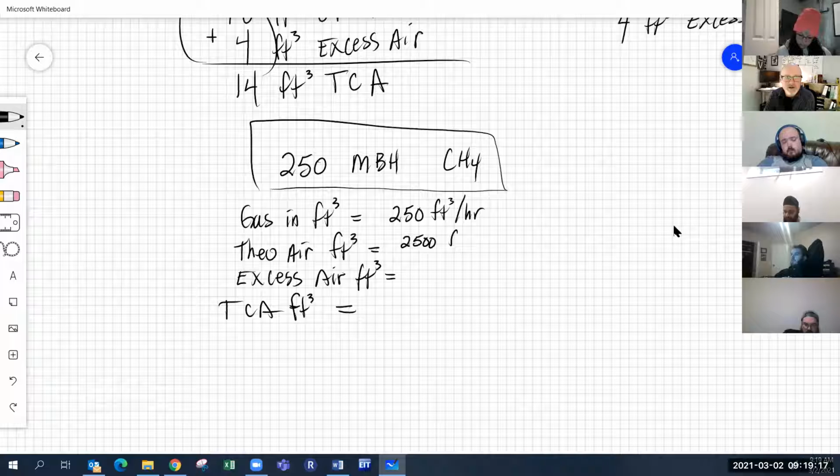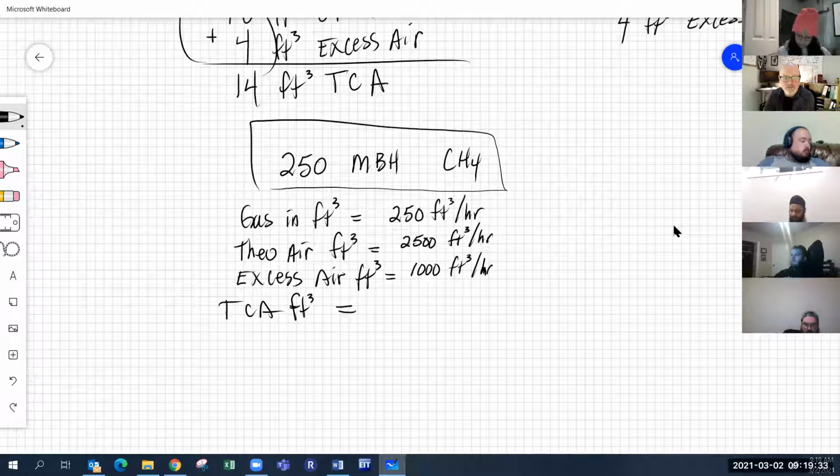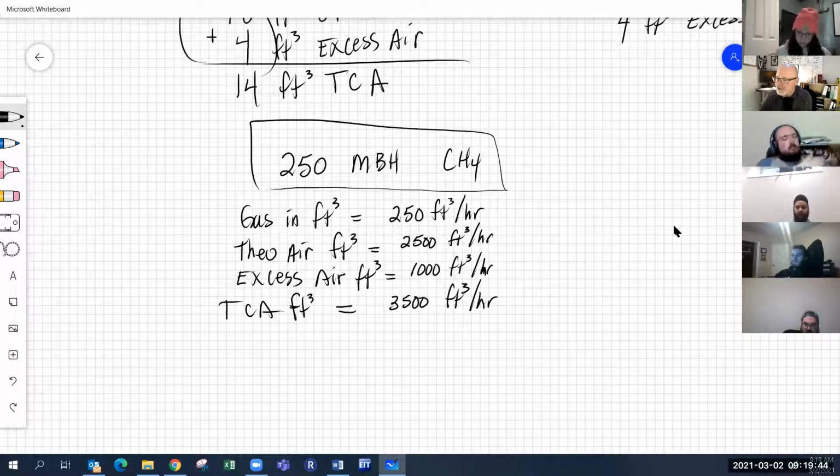That is also correct. 2,500 cubic feet per hour in theo air. How about excess air? 1,000. 1,000 cubic feet per hour in air of excess of theoretical. And what is my total combustion air? 3,500. 3,500 cubic feet per hour total combustion air.